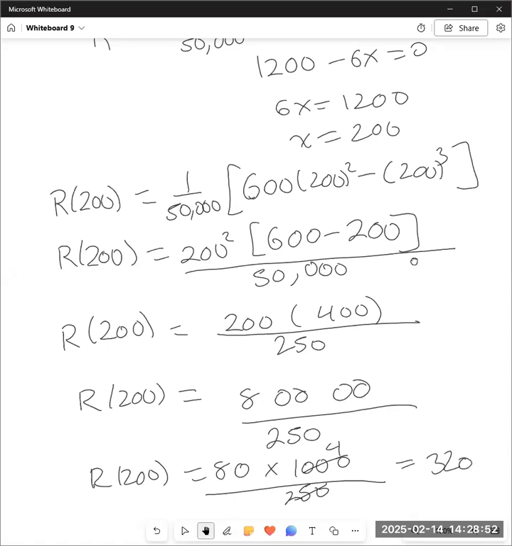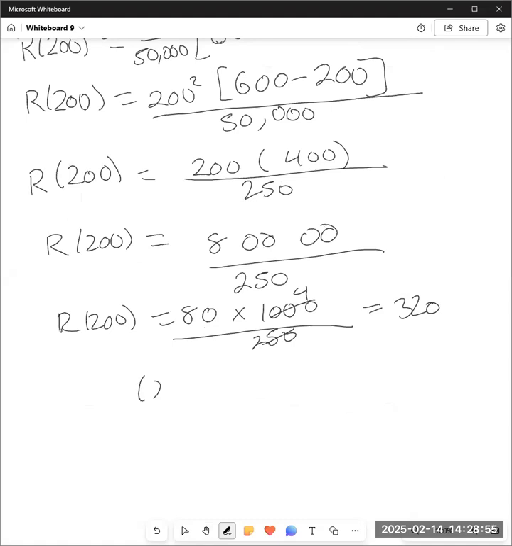So my point of diminishing returns is 320.